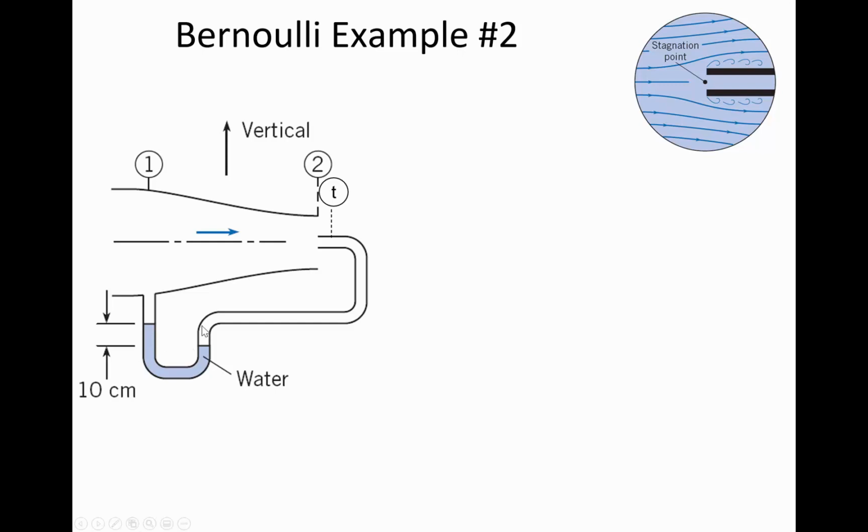Now, this example also is showing a stagnation point. The air is flowing through this nozzle and it's accelerating. The diameter decreases and so the velocity is increasing, but then the air that is right in front of that opening reaches a stagnation point where inside of this tube conditions are static.